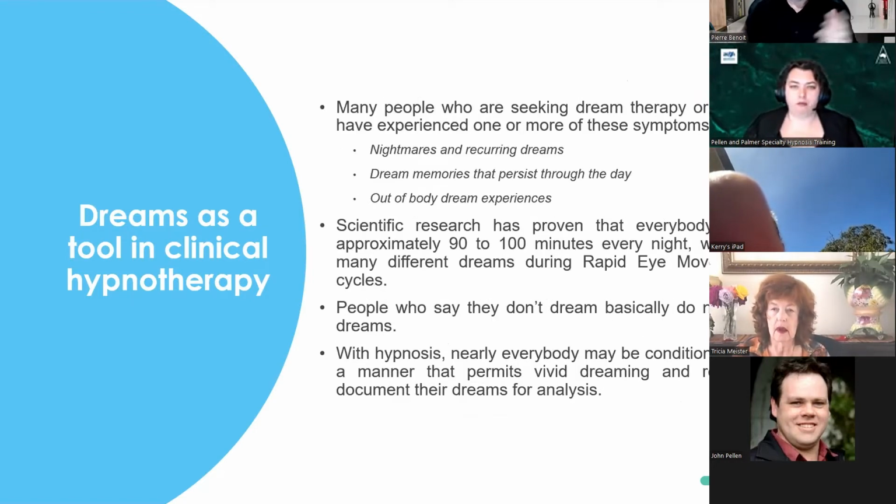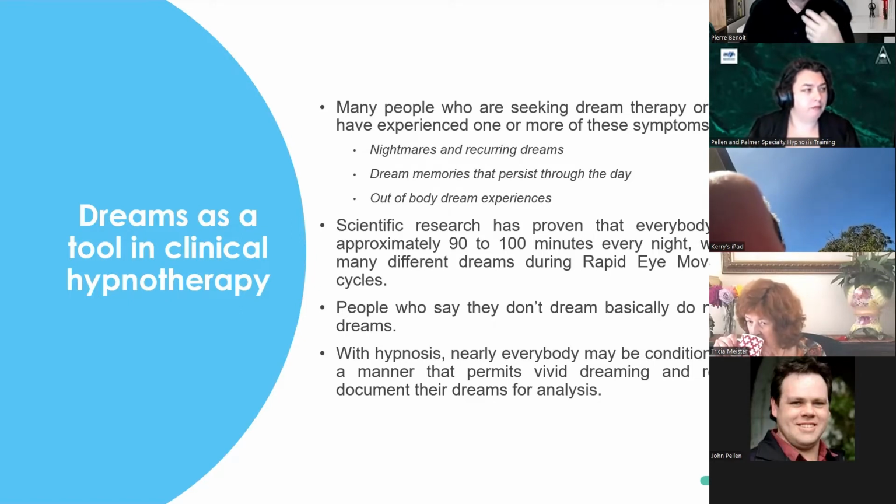A lot of the time when people are looking for dream therapy or dream interpretation, they have one or more of these symptoms. They have nightmares or recurring dreams. Some have dream memories that persist through the day. Some people have out-of-body dream experiences.